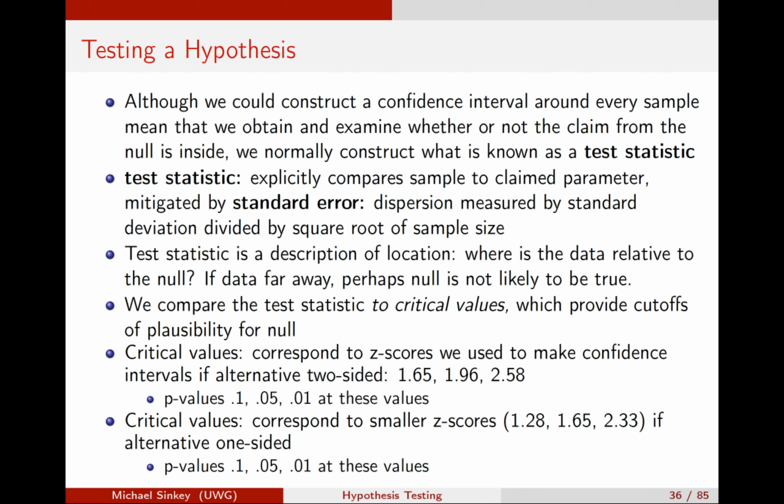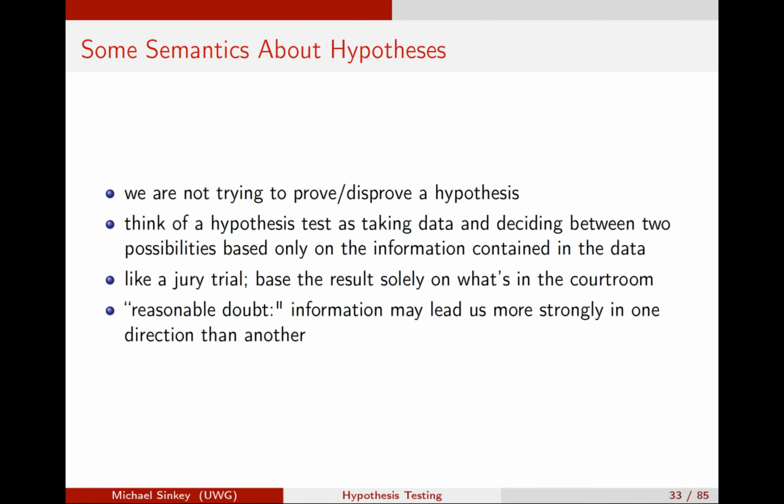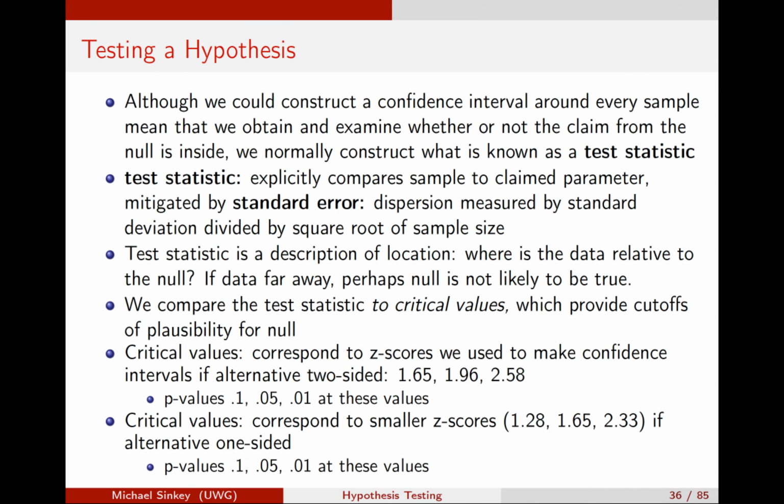Okay, so how this works in our class is that we could construct a confidence interval every single time, but it can be obnoxious to do that. So what we do instead is we just try to find a measure of location. Where is our data relative to the null? And this is called a test statistic. I explicitly compare my sample of data to whatever the red dot is in the null, and I divide by the standard deviation over the square root of the sample size.